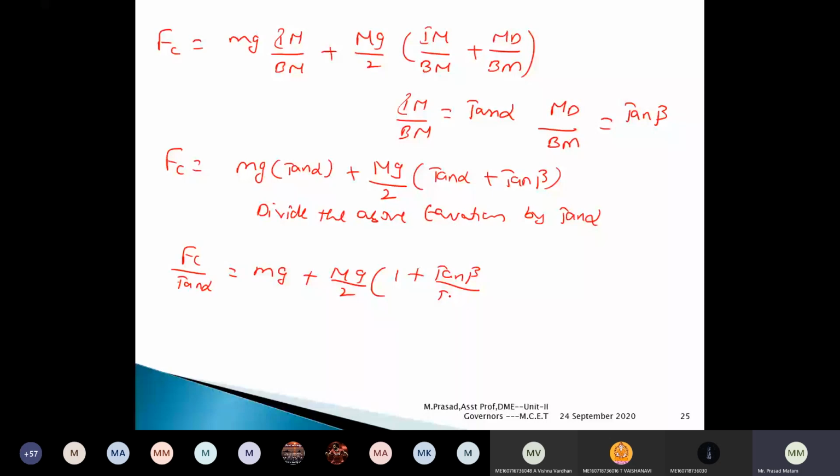And I can take that term tan beta by tan alpha as q. I want to replace that total term with q. And we know what tan alpha is from the above diagram. I will show you again.